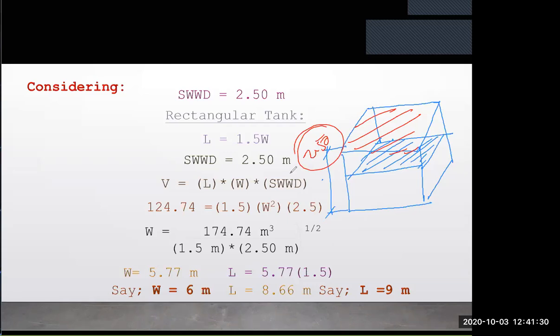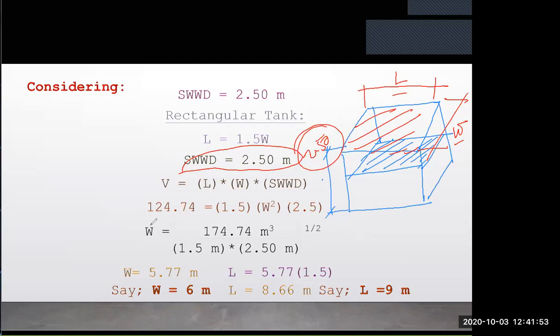So let's say that we want to determine the length and the width. Ito yung hinahanap, the length and the width. So I have assumed that the depth is now equal to 2.5. I just need to determine now my length and width.